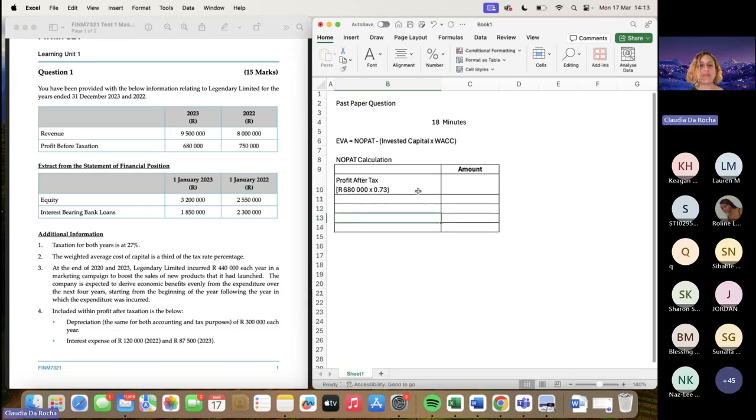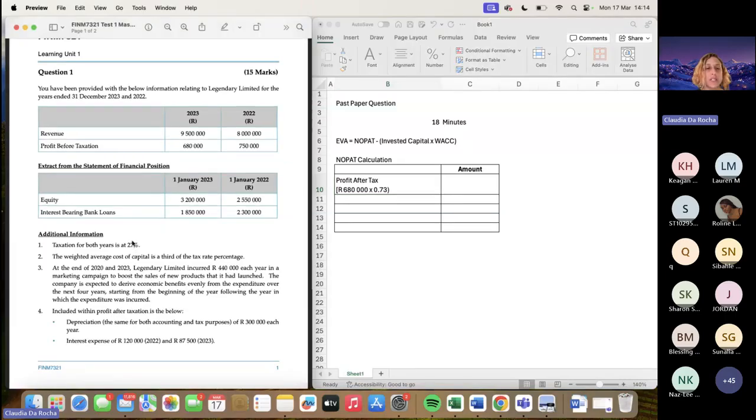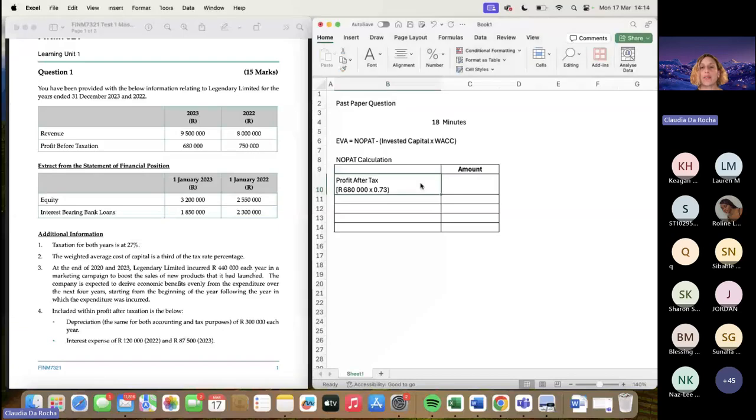So we take our profit before tax, 680,000, and we times it by 0.73. Where do I get 0.73? It's 100% minus 27%. If I calculate that, I get 496,400.